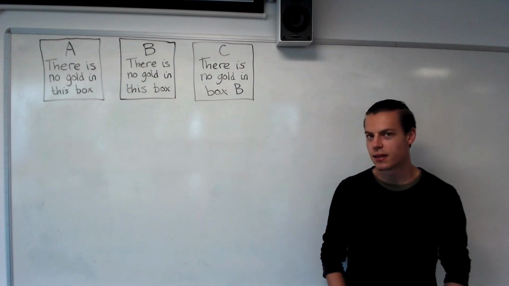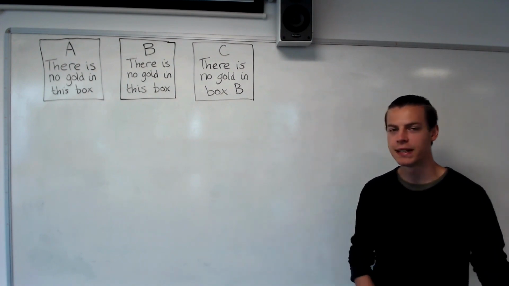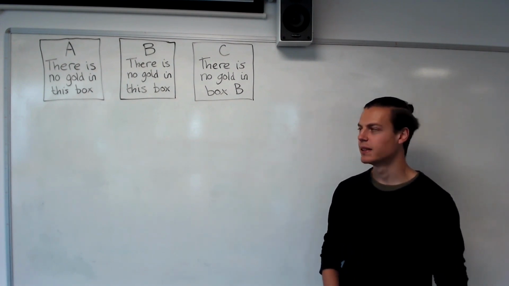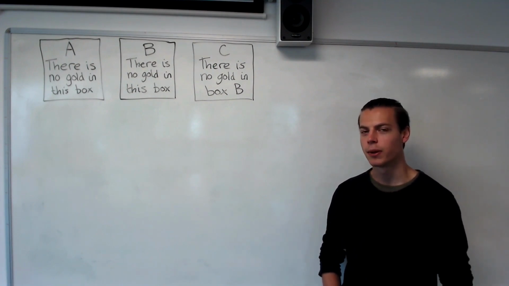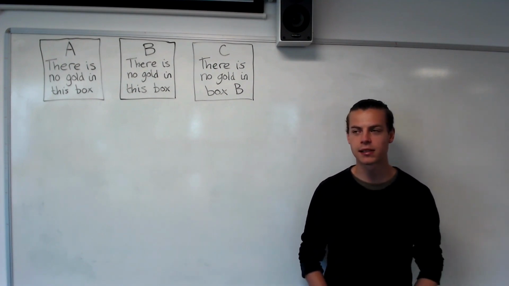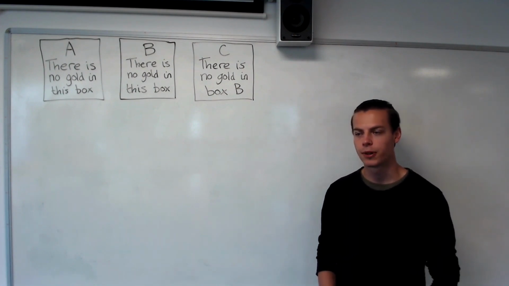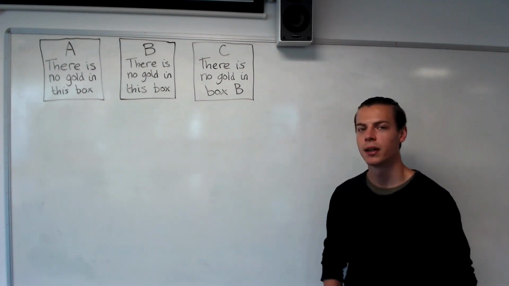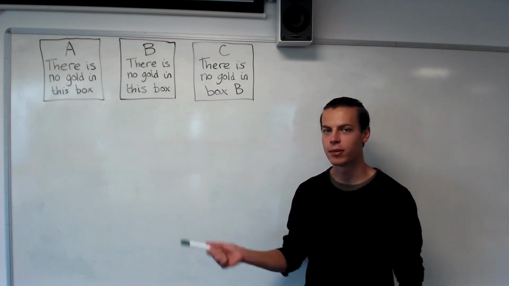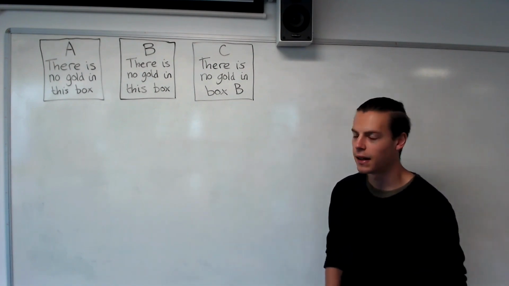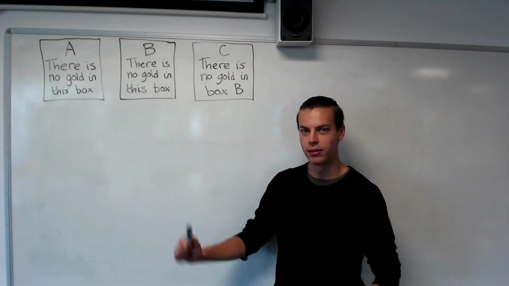In this exercise, we're given a riddle, and we will see that by translating this riddle into propositional logic, we can apply precise logical reasoning to come to a solution. So, what is the riddle exactly? Well, we come across three boxes labeled A, B, and C, and the boxes have these statements written on them.